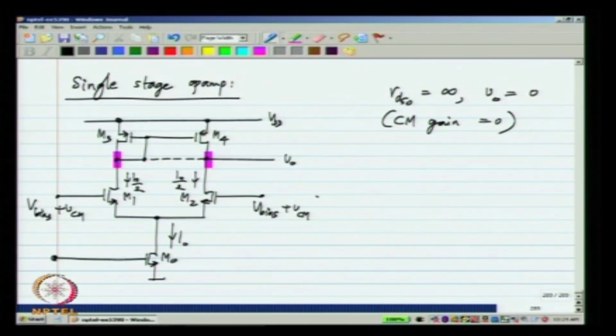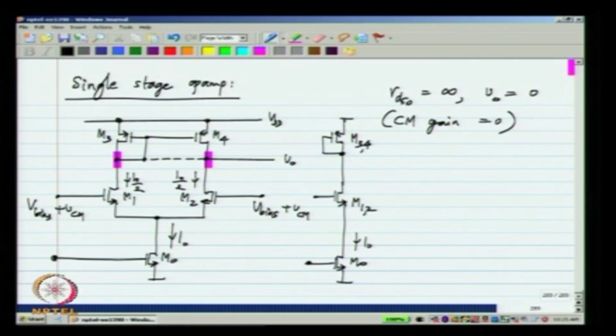And I will rewrite the circuit with M12, which is a combination of M1 and M2, and we have M0 as it is, and here we have M3 and M4 in parallel, and their drain is connected to the gate, because all these three are connected together.